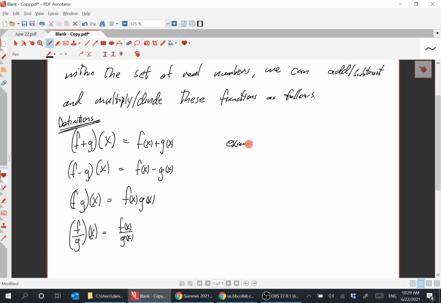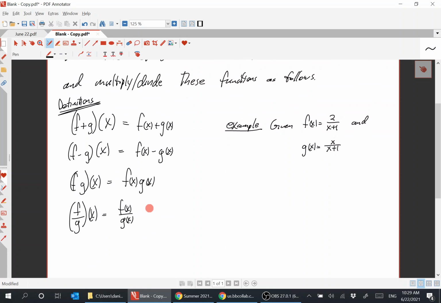So, for example, given f of x equal to 2 over x plus 1, and g of x equal to x over x plus 1, we get that f plus g of x is equal to f of x plus g of x, which is 2 over x plus 1 plus x over x plus 1, which is 2 plus x over x plus 1.